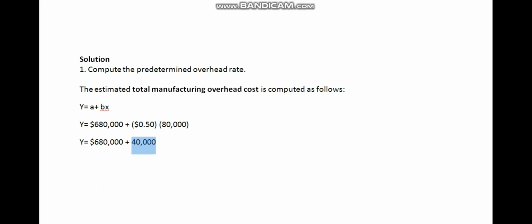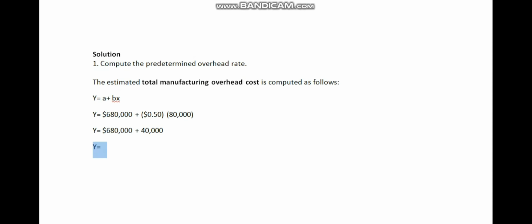Y equals, I'm just going to multiply these two values and I'll get $40,000, and my total manufacturing overhead cost would be $720,000. Now we can easily calculate our predetermined overhead rate.